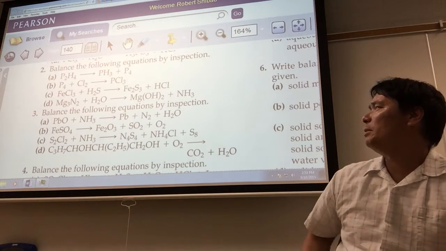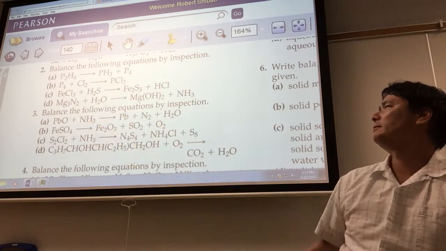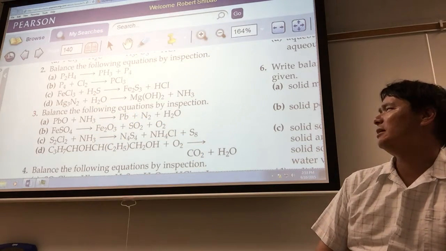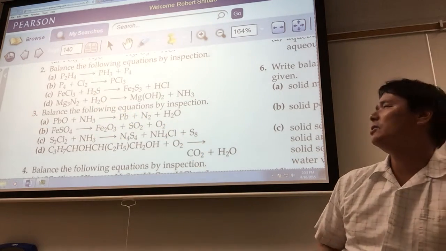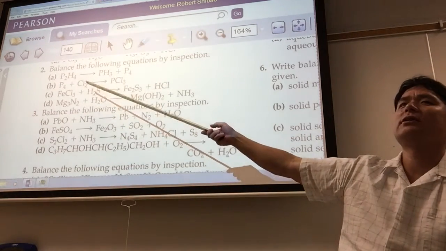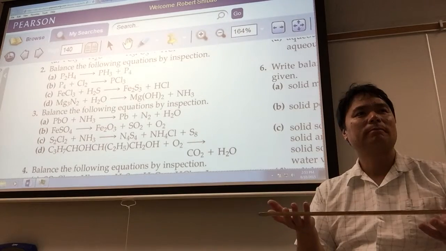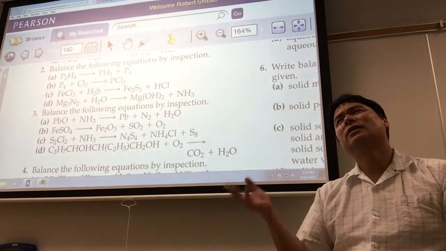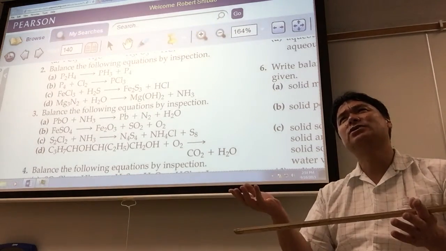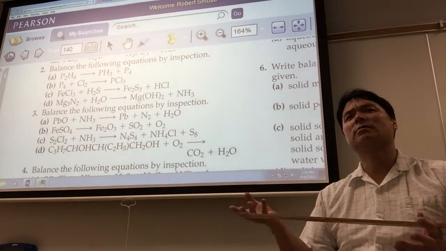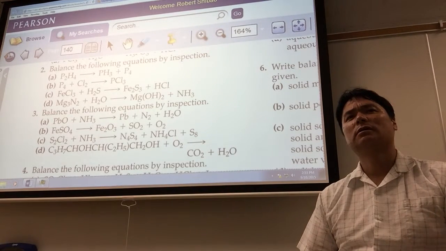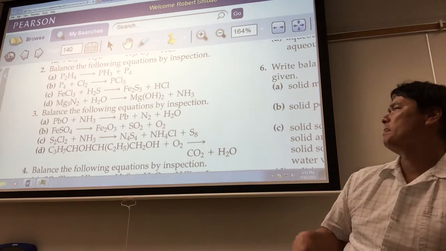How about 2B? What kind of reaction is that? This is your Chem 4 style combination reaction. In Chem 4 you did the element plus element combination. You might have done an element plus compound combination and a compound plus compound combination, depending.